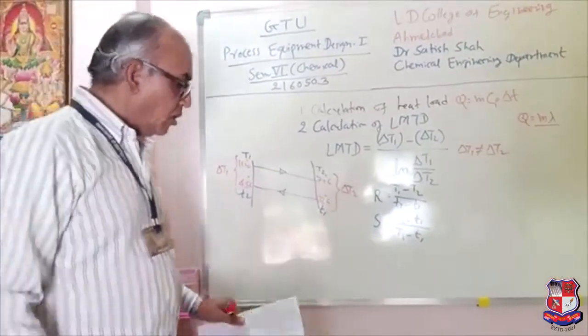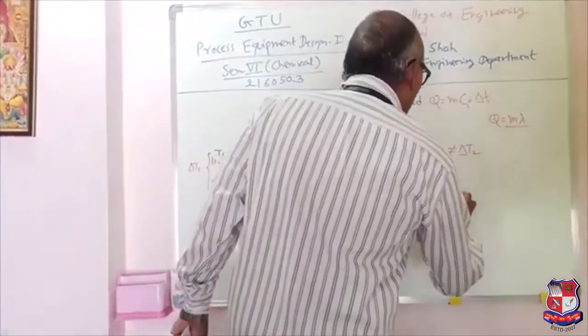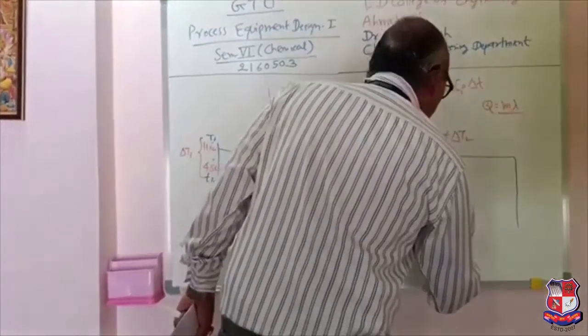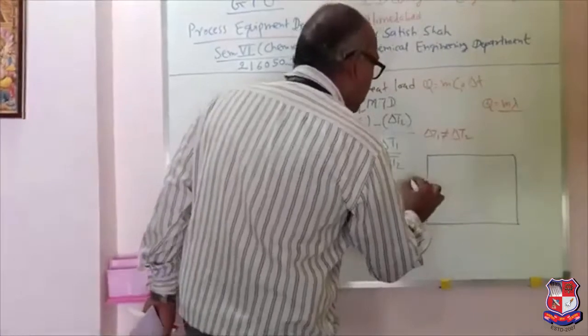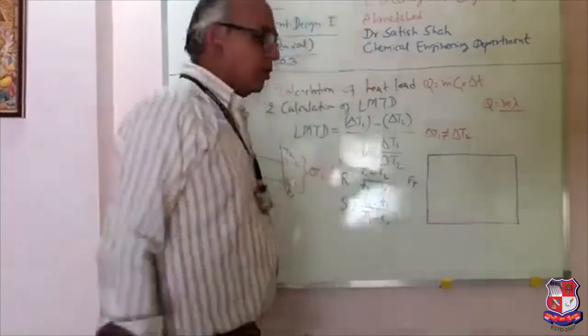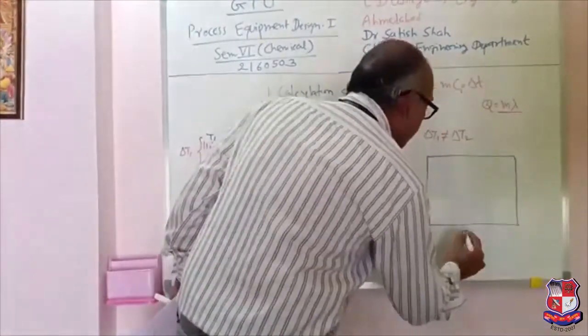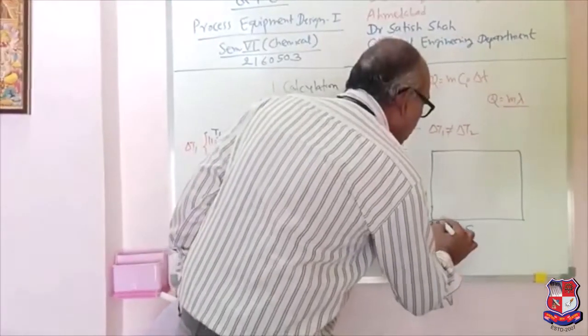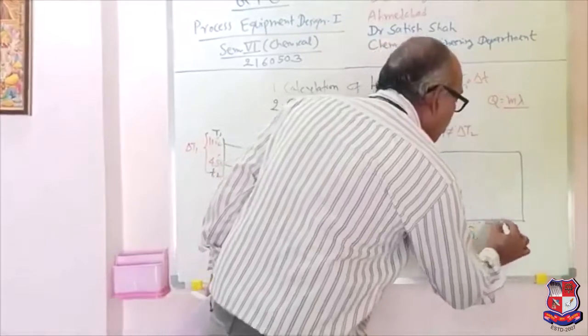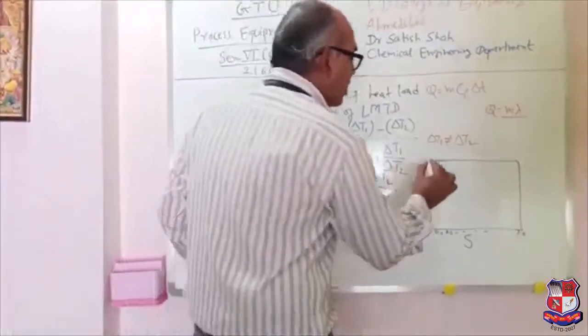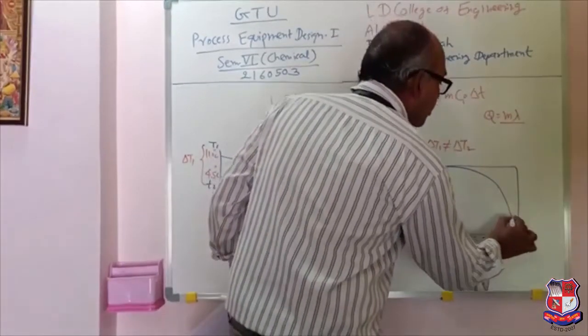Now we have the nomograph available in the book. And that nomograph is like this, where we have on this side Ft, that is the correction factor, and on this side I have the value of S, that is between 0, 0.1, 0.2 up to 1, and I have different values of R, which is something like this.